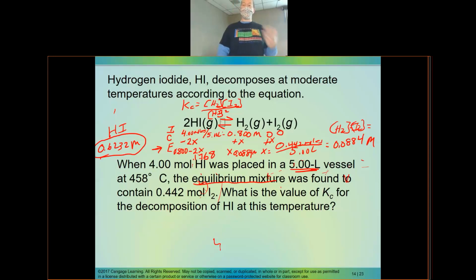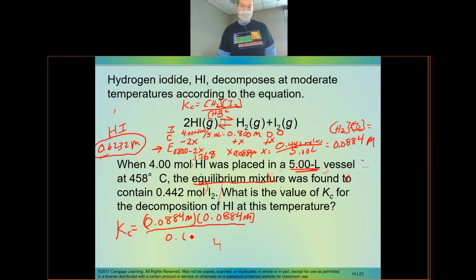All right, so now it is what's the value of Kc? So now we just plug in our numbers. I'm not going to be able to do this one in my head. Okay, so Kc is the concentration of H2, 0.0884 molar, concentration of I2, 0.0884 molar, divided by the concentration of HI squared, 0.6232 molar squared.